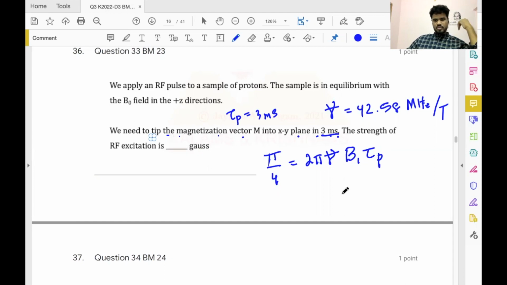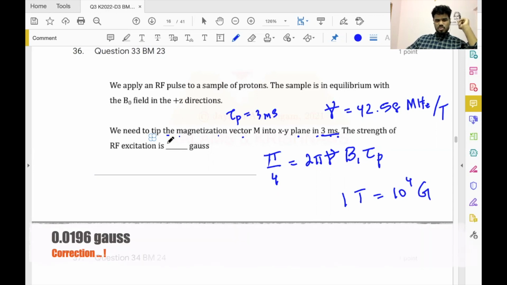Remember 1 Tesla is 10 power 4 Gauss. To use that, our B1 should turn out to be this pretty small number, 0.196 Gauss. Notice this is 0.196 into 10 power minus 4 Tesla. B1 is many orders smaller than the main field of the 1 Tesla, 2 Tesla, 3 Tesla machine.